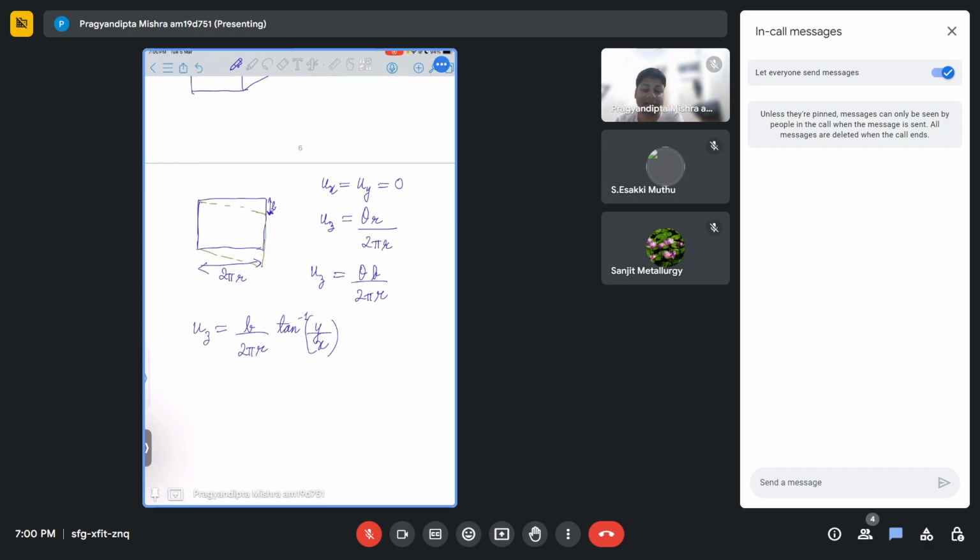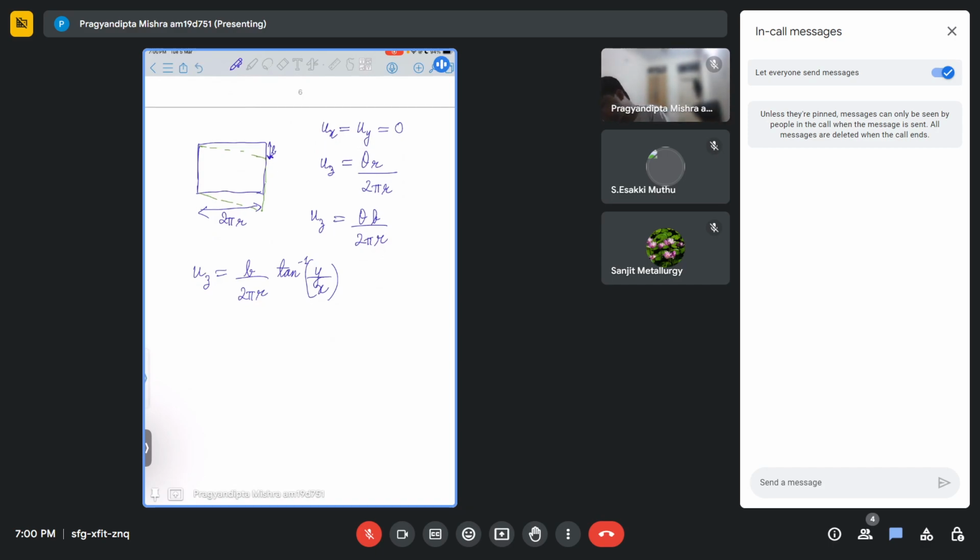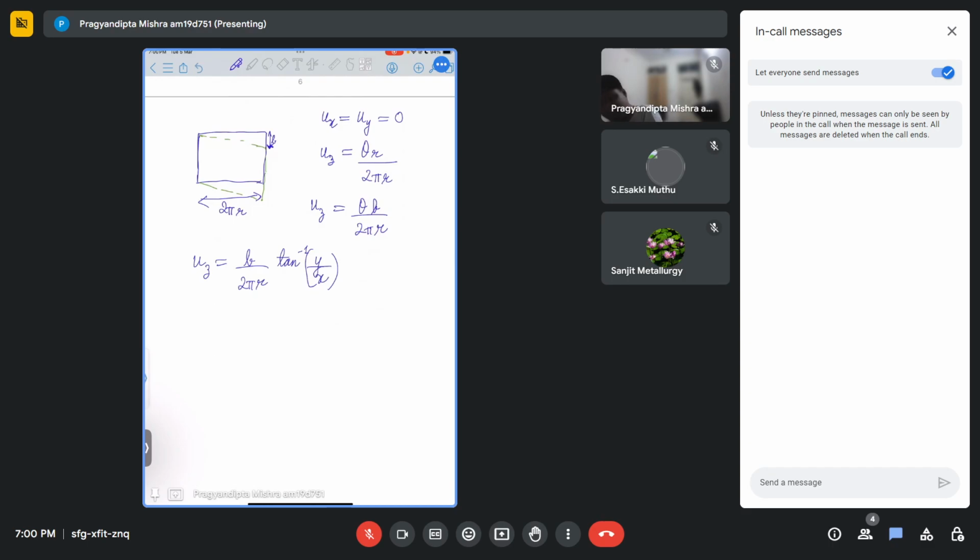Sorry, this is deformation, not strain. I was saying strain by mistake. This is deformation along the z direction.